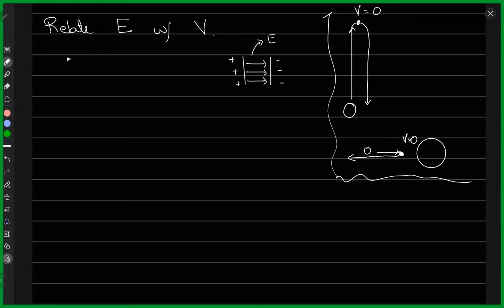You can compute this electrical field strength as the force that every charge will experience, so force experienced per charge would be the electrical field strength. And then you can simplify this as V over D, where V is the potential difference between the plates, and D is the distance between these two plates.